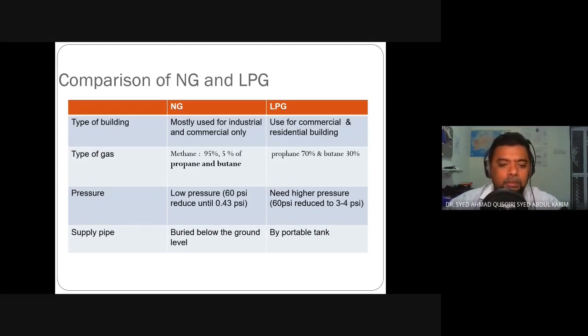The supply pipe is buried below ground level for natural gas. But LPG does not have any supply pipe, and is sent by portable gas tanks.